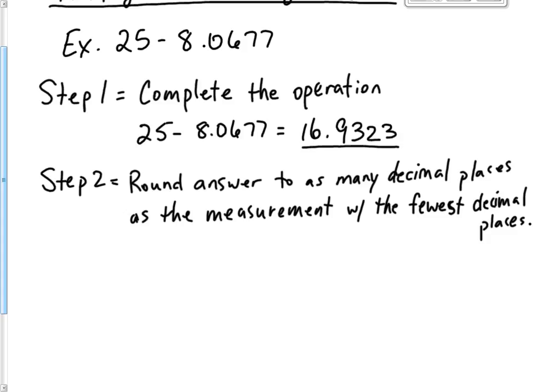Okay, meaning 25 doesn't have any decimal places. 8.0677 has 4 decimal places. So you're going to round to 0 decimal places.